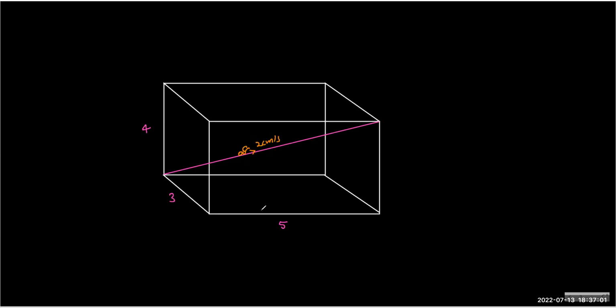That's a simple question. The insect is crawling along the diagonal because I have attached a thread, maybe some spider, and it is going with a speed of 2 centimeters per second.